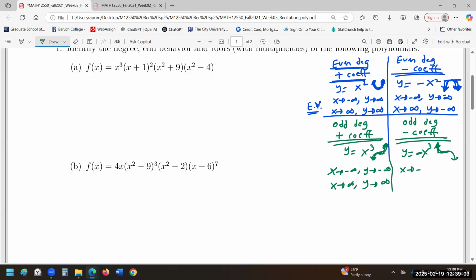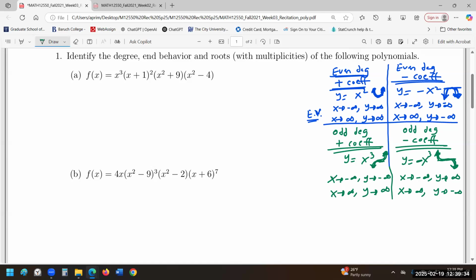And when x is getting bigger, y is getting smaller. So if you can remember these four characteristics of four different types of polynomial, then you can find end behavior for any type of polynomial.